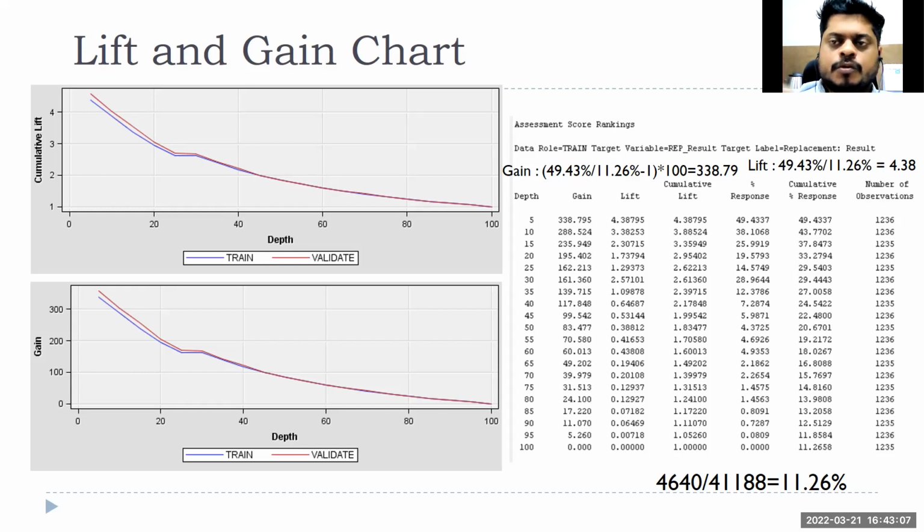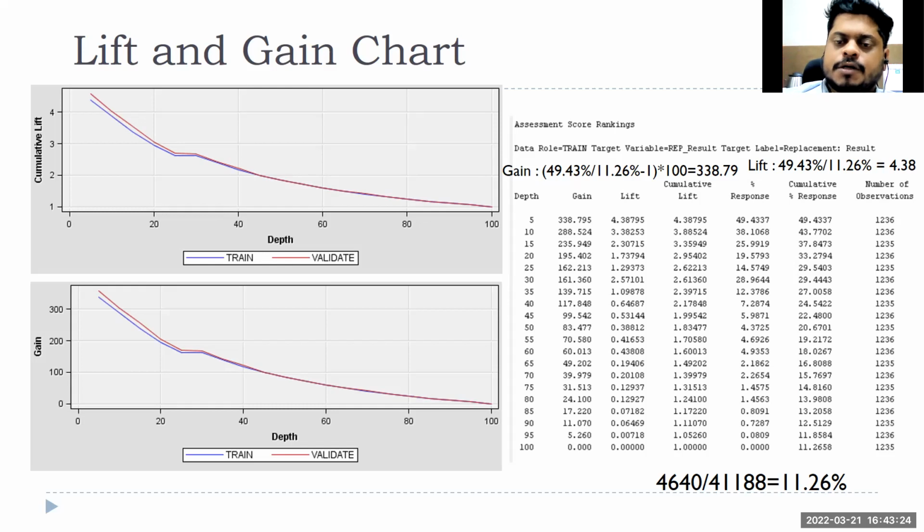But I am going to pinpoint to you only 10,000 customers where you will spend only 2.5 lakhs, but you are able to have a success rate of 50% or 40%, right? And this is where this kind of chart helps.